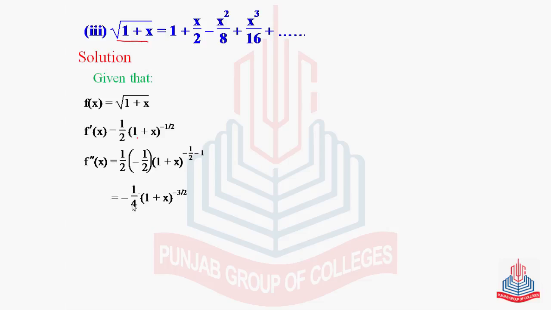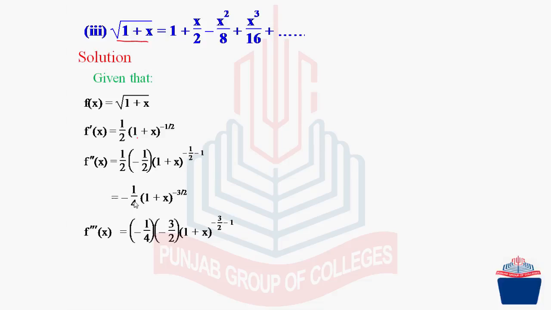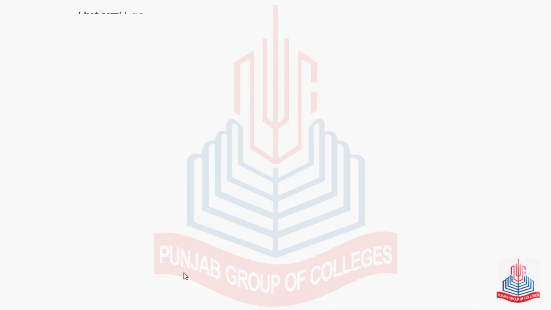And we have this one as minus 1 by 4, (1 plus x) raised to the power minus 3 by 2. Third derivative, again using the power formula, minus 1 by 4 is as it is, and minus 3 by 2, (1 plus x) raised to the power minus 3 by 2 minus 1. So that is actually 3 by 8, (1 plus x) raised to the power minus 5 by 2.